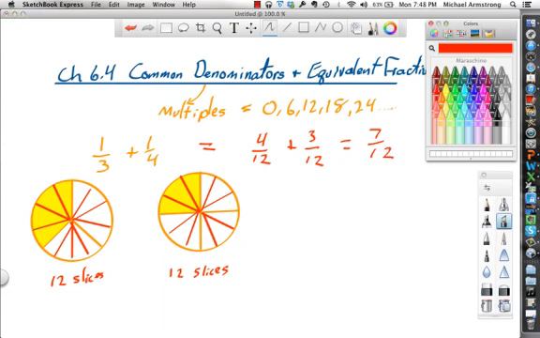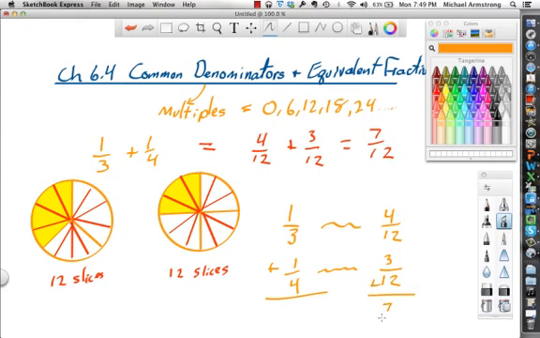Now if I rewrite it so that it's vertical, 1/3 plus 1/4, and 1/3 comes over here and becomes 4/12, and 1/4 comes over here and becomes 3/12, and now when I add it I get 7/12, and this is my answer.